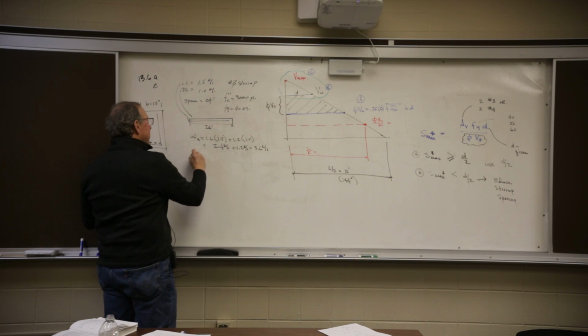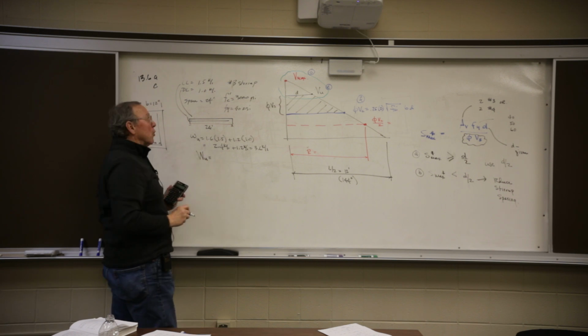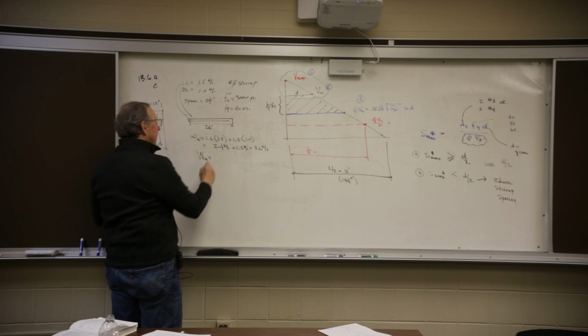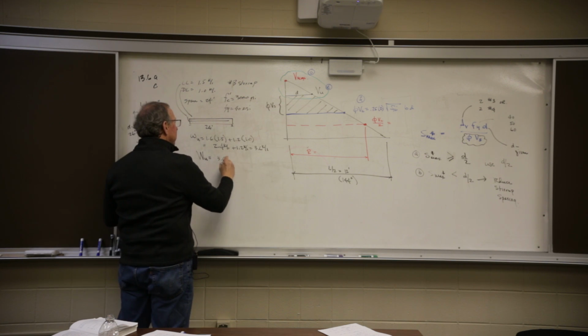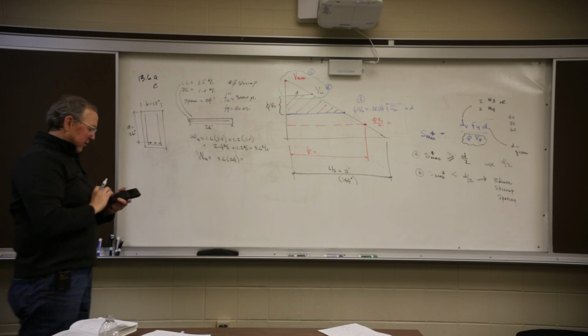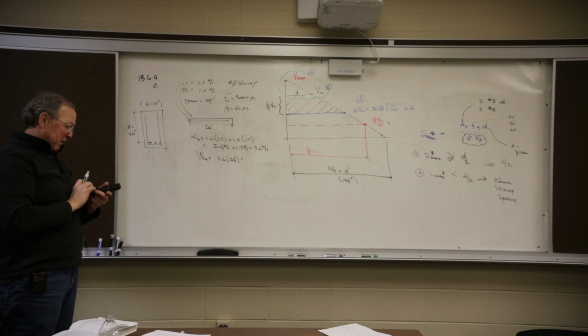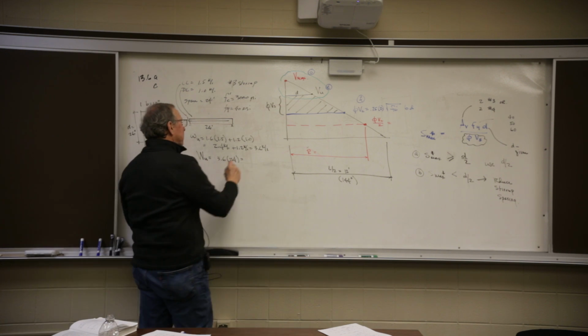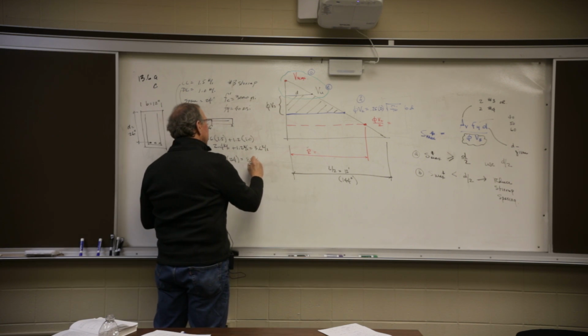I go to big WU. Big WU is the total area underneath that factored curve. That looks to be 3.6 times 24. So if I take 3.6 and multiply it by 24, I get 86.4 kips.